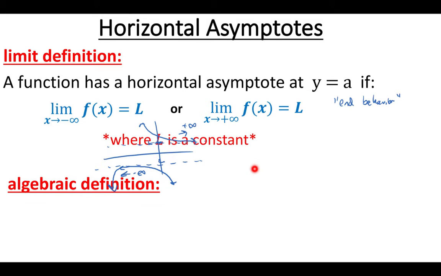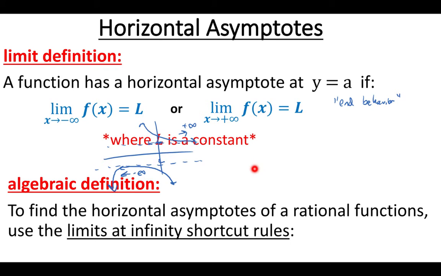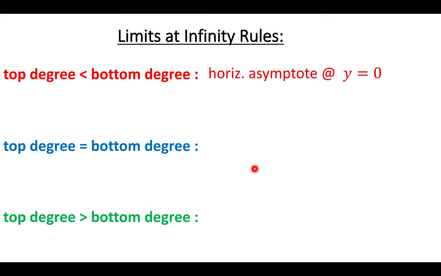The algebraic definition actually relies on some rules that we learned when we talked about limits at infinity. So these are some shortcuts that we're going to use. Again, we actually outlined these a couple of lectures ago. To find the horizontal asymptotes, we're going to use the limit at infinity shortcut rules, which were, if the top degree is less than the bottom degree, then we have a horizontal asymptote at y equals 0.